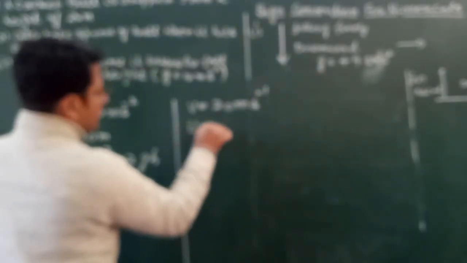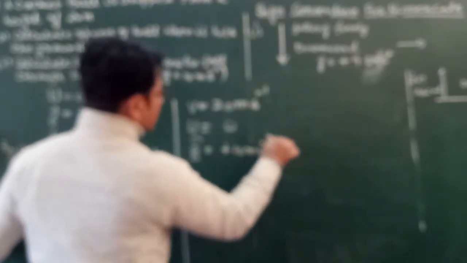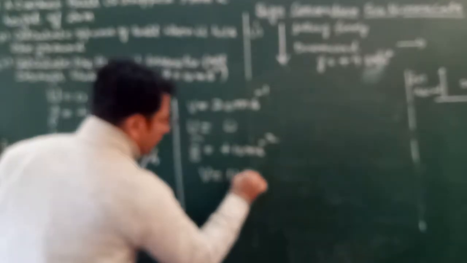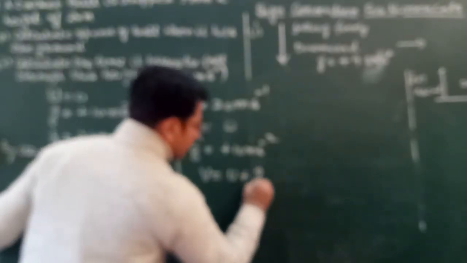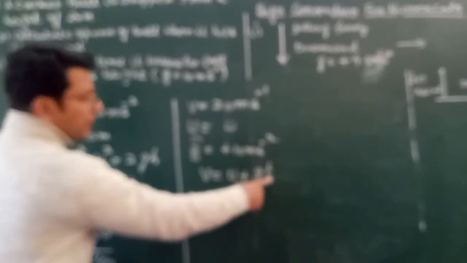Initial velocity u is equal to 0, and g is equal to plus 10 meter per second square. We know that v is equal to u plus gt. v is known, u is known, g is known, then you can find out t.